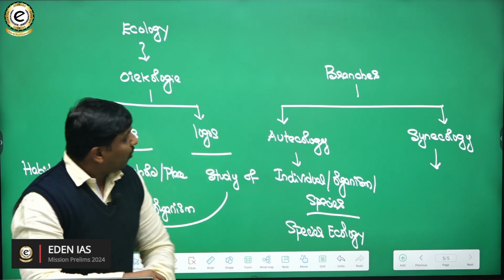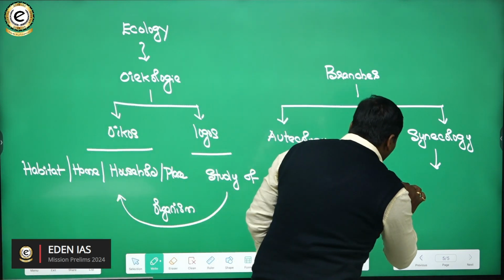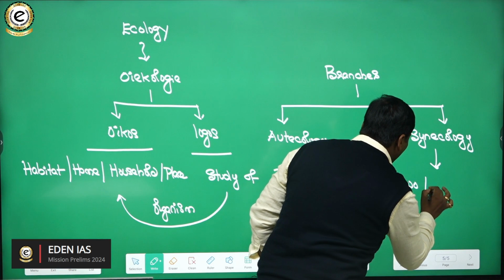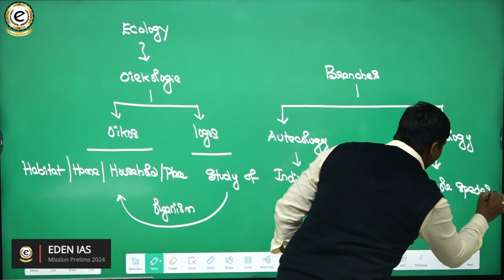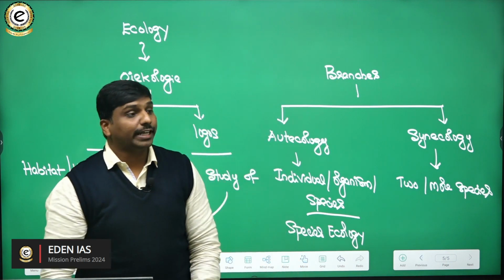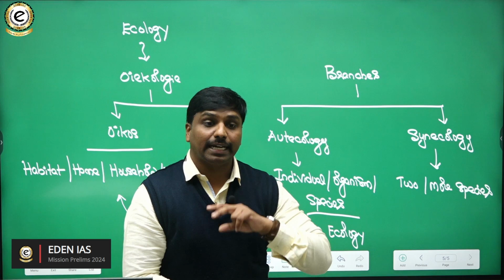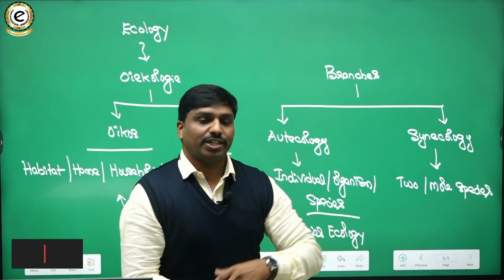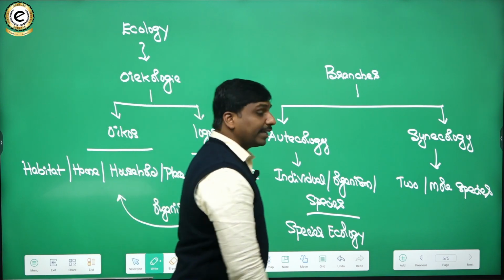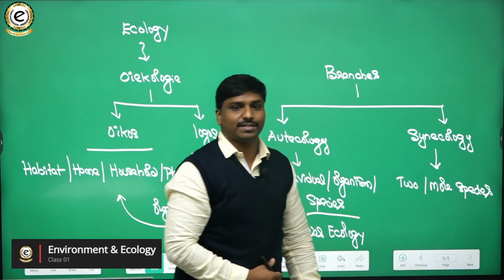So synecology means when you try to study two or more species belonging to an ecosystem, that kind of study is nothing but synecology. It's a systematic study of the interactions among two or more species belonging to an ecosystem.